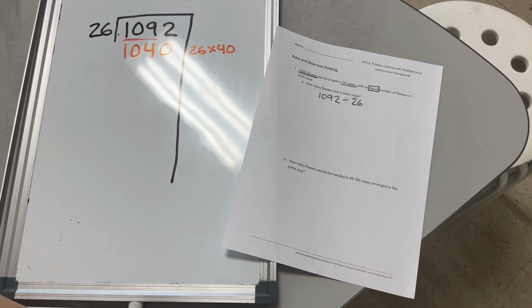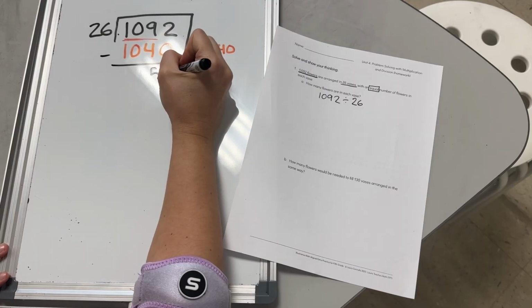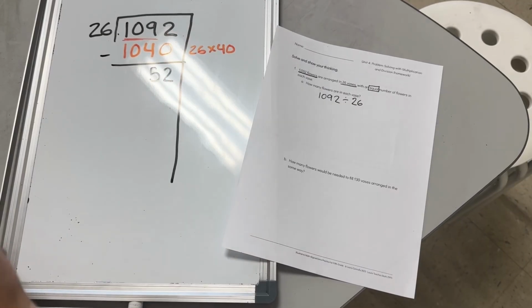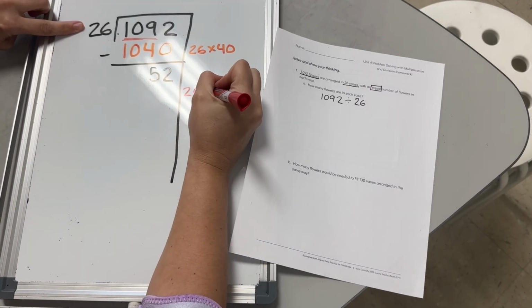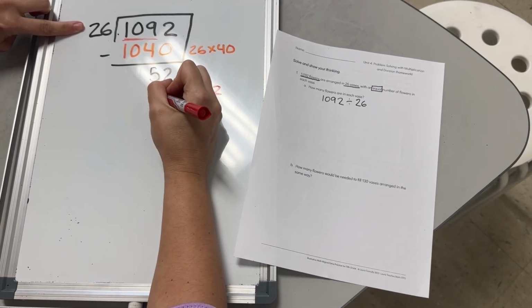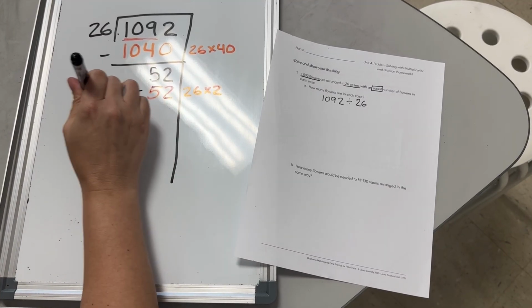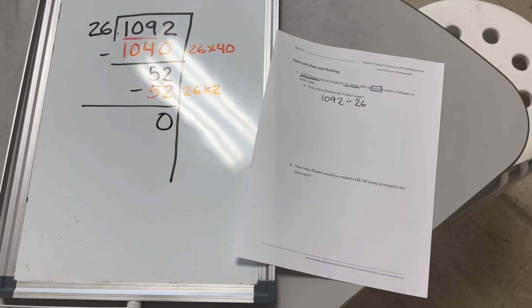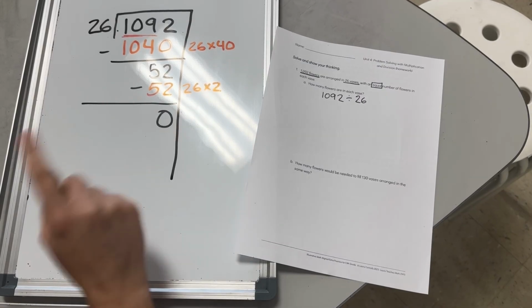I'll go ahead and subtract. That's going to leave me with 52 left over. And I know that 26 times 2 is 52. So I'll go ahead and subtract. Now that I'm at 0, I'm going to be paying attention to what I have over here.